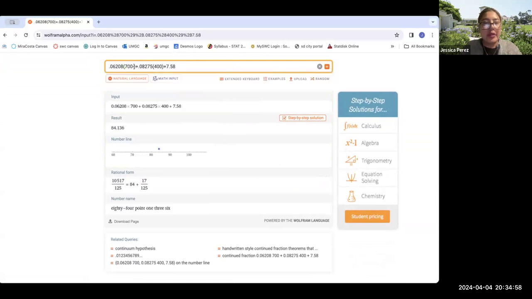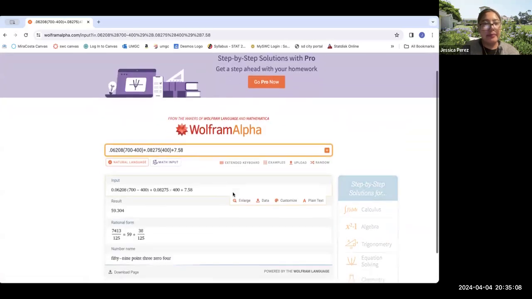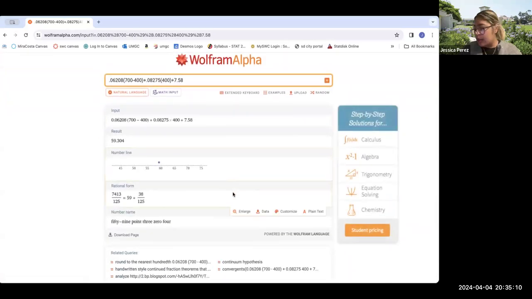So here's the 700 minus 400. Plus the original, this 0.08275 times the original plus 7.58. And that's going to give me 59. So there's something wrong with my calculations. I have to double check mine.